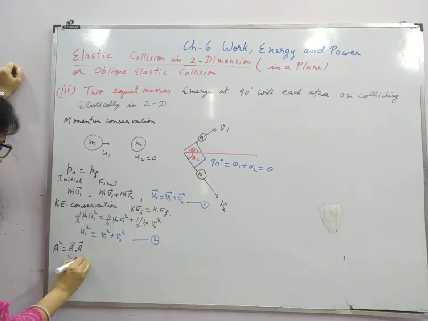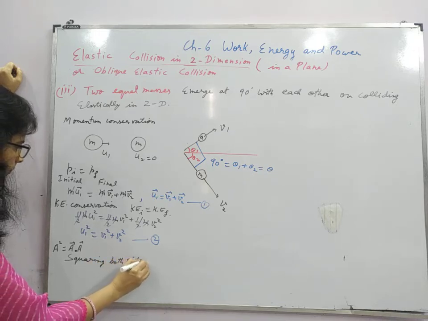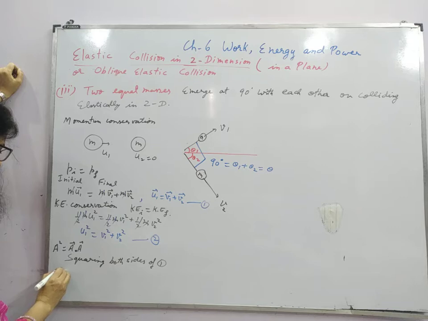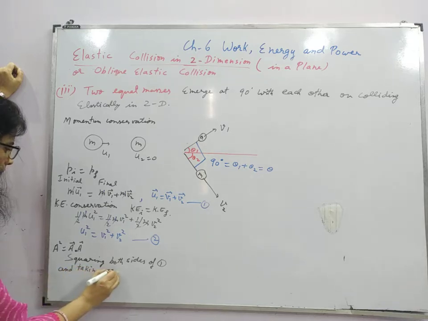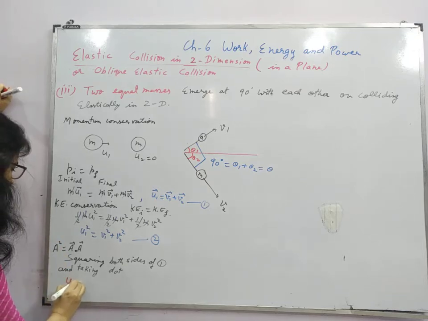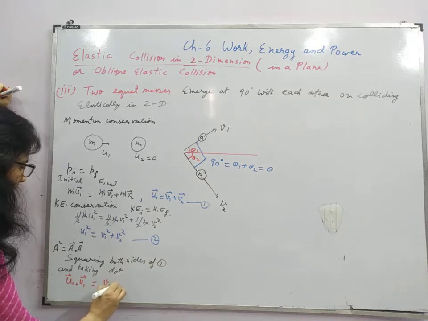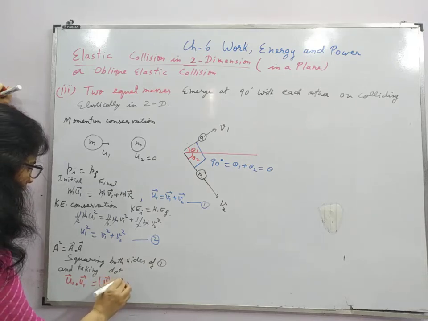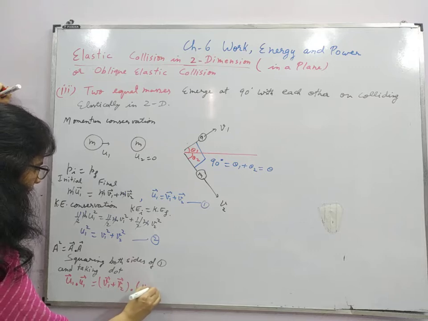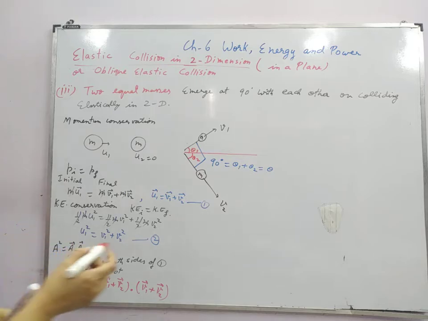So squaring both sides of 1 and taking dot. So I will write u1 dot u1 is equal to v1 plus v2 dot v1 plus v2. And now I'll solve it.